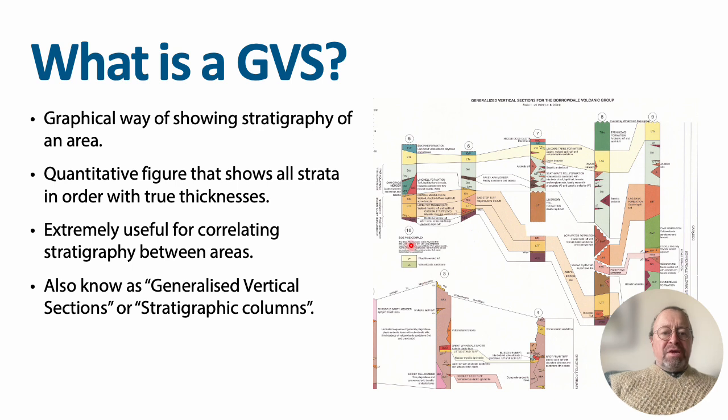They are represented as columns here, and each different unit is represented by a different color. And there's also a vertical scale here, so it shows the thickness, the true thickness of the sediment, not the apparent thickness. And they are useful if you make them in different places. It allows you to correlate from one place to the next and compare different areas.